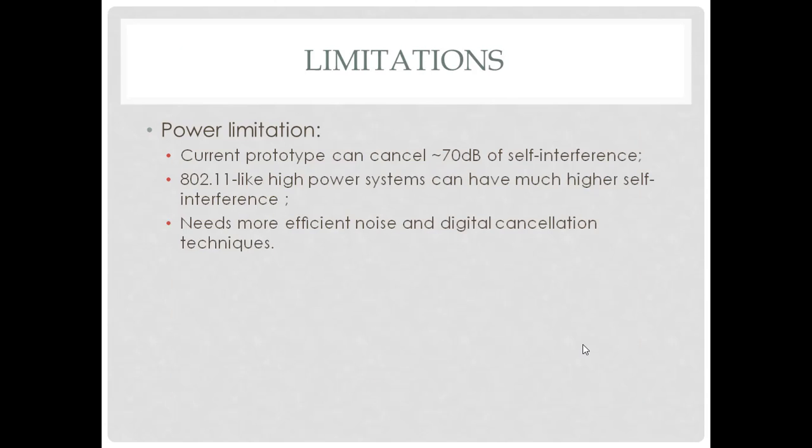So of course we have some limitations. This model is not ideal, and we should keep in mind that there are a few problems, like power limitation. The current prototype can cancel about 70 dB of self-interference, but for 802.11 high power systems, they can have much higher self-interference, and we need more efficient noise and digital cancellation techniques.